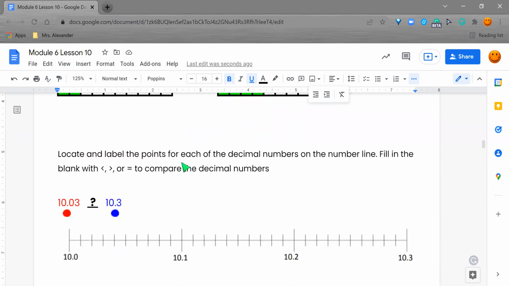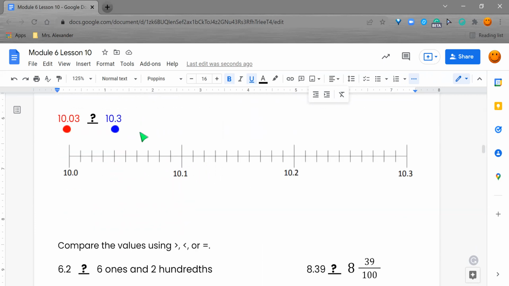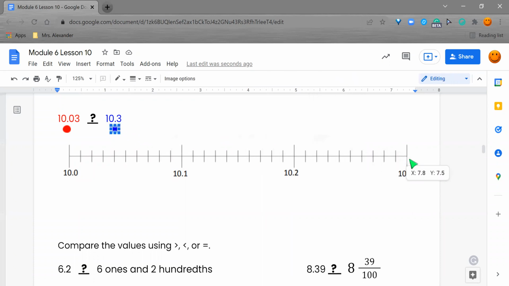It says locate and label the points for each of the decimal numbers on the number line. Fill in the blank with less than, greater than, or equal to compare the decimals. So here's my first. It says 10.3, and I'm seeing 10.3 over here. So I'm just going to move my dot over. And this says 10.03.